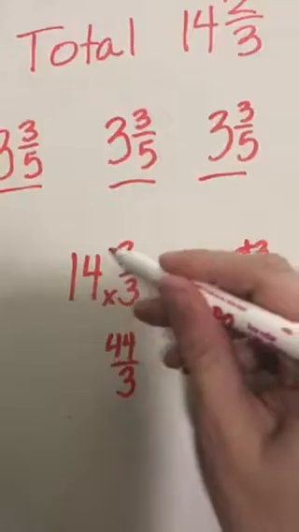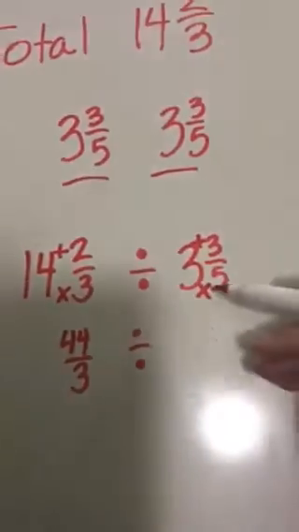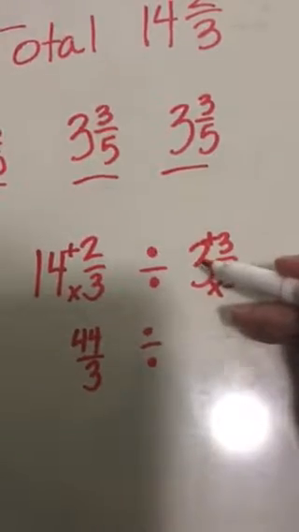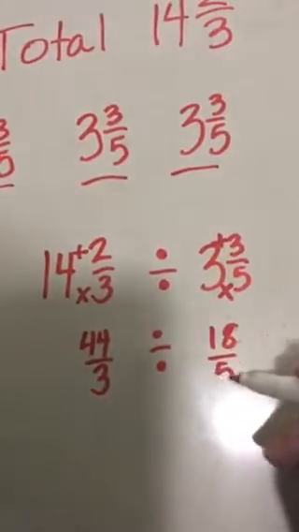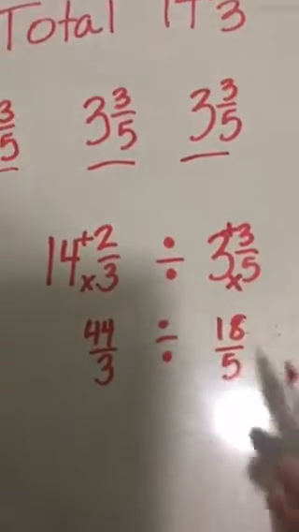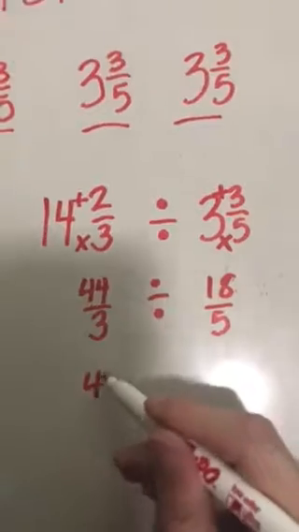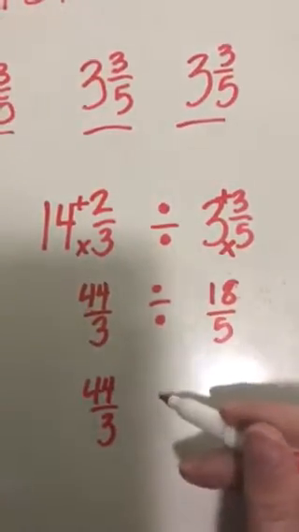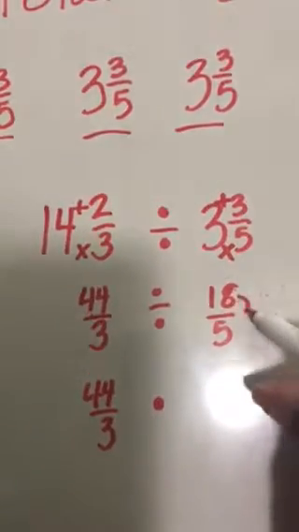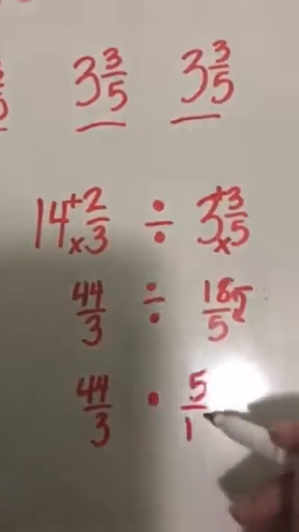You multiply, then add, and that gives you the numerator. 5 times 3 is 15, 15 plus 3 is 18, and 18 over 5. Keep the denominator. Now we need to divide these fractions. So 44 over 3. To divide, you multiply by the reciprocal, and that is 5 over 18.